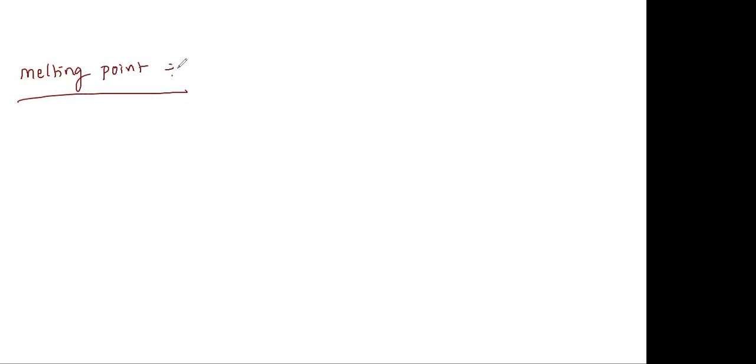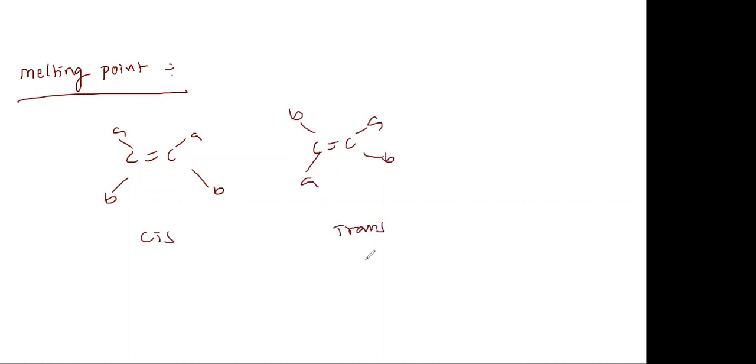Why do these show different properties? Here, for example, A again B, then double bond, A again B. This is the canonical cis, this is the canonical trans.